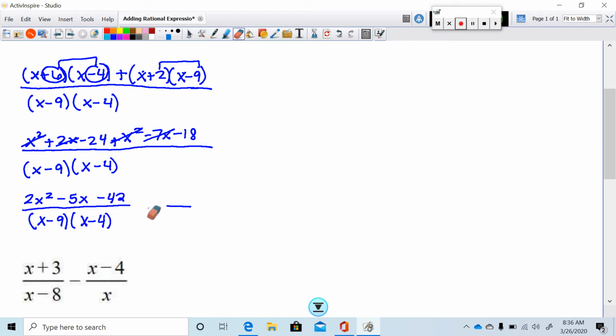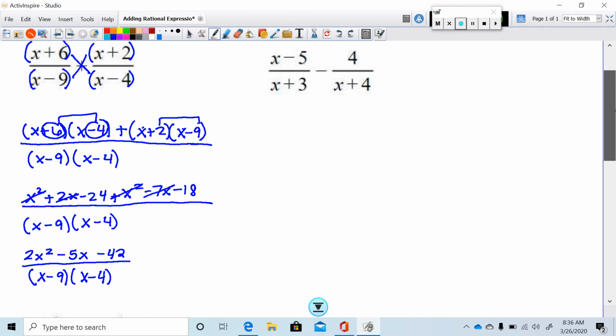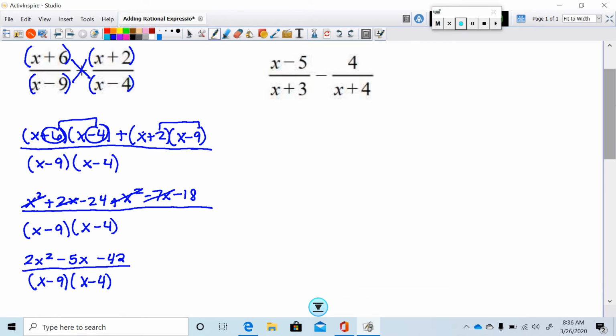Now you want to see if you can factor the top. Because I have a number in front of my squared term, I'm going to use the AC method for factoring, and I'm really going to run out of room for this, so I'm going to come out here off to the side and factor it. So what you do for the AC method of factoring, I'm factoring the numerator.